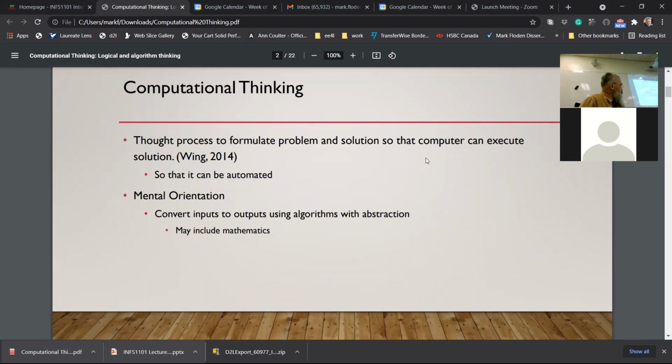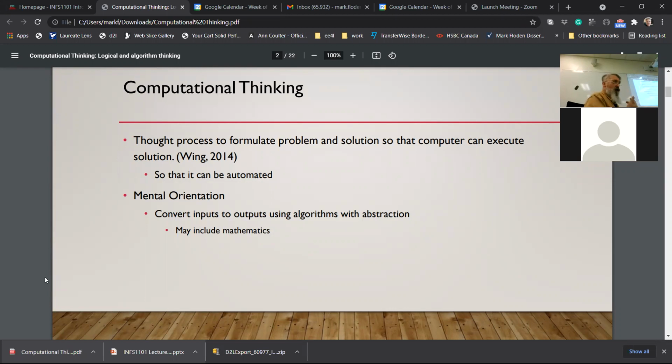You've got a solution that can be executed on a computer, that it can be automated. Other people have said that computational thinking is a mental orientation, or in other words, it's a way of thinking which is different than other ways of thinking. And so it's a way of thinking where we think about inputs, outputs, and processing. I'm sure that's familiar, right?